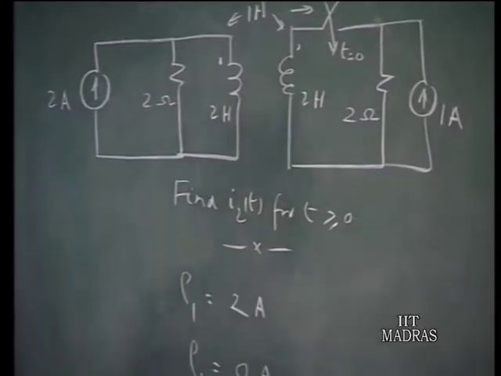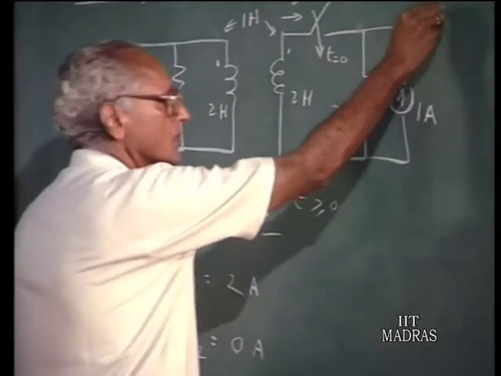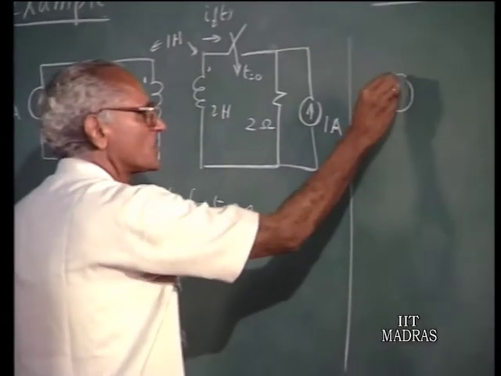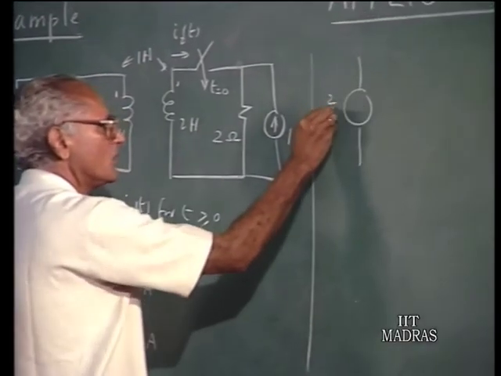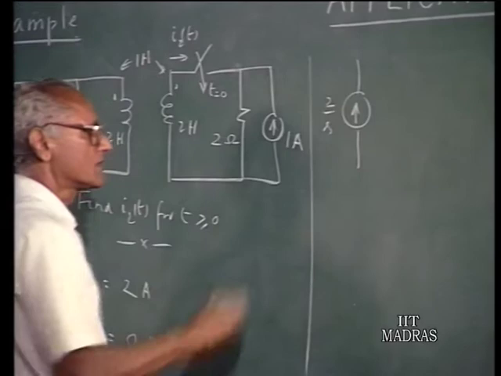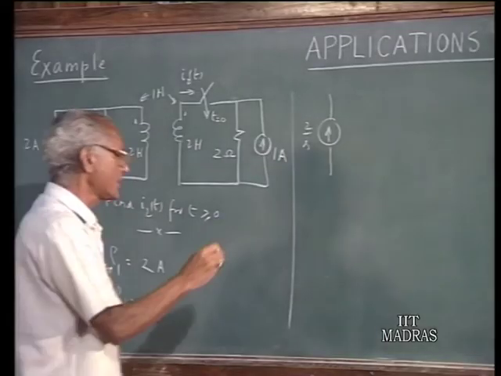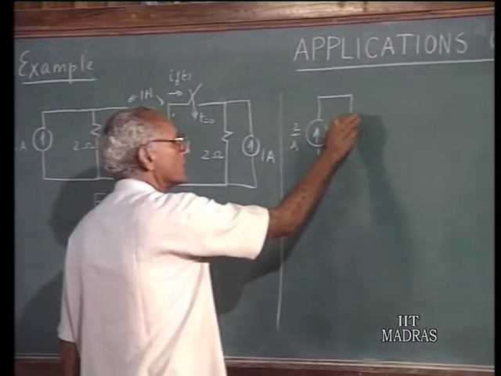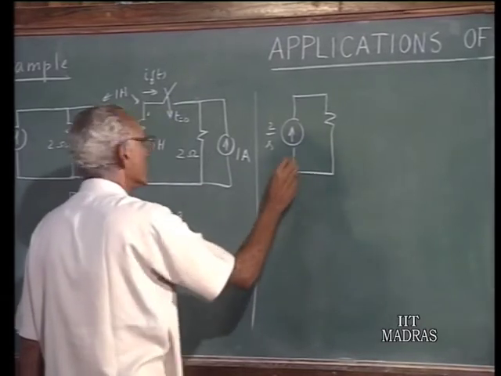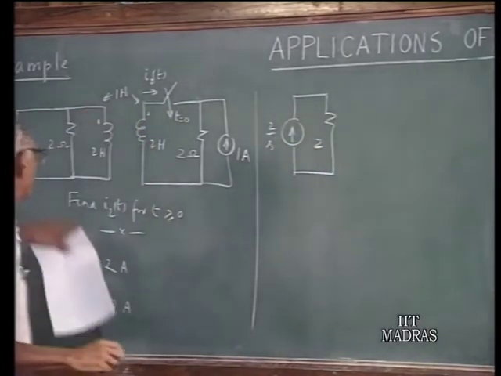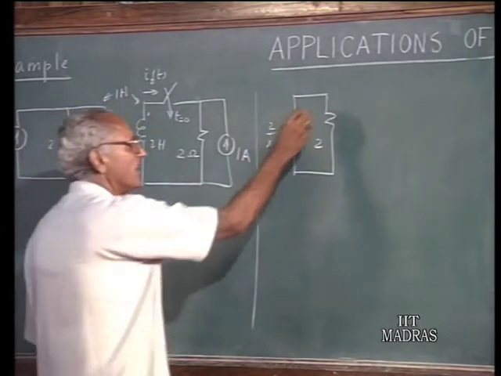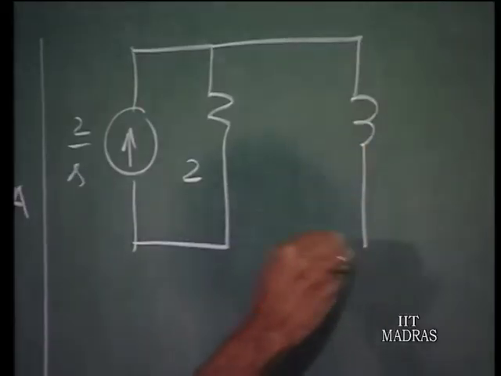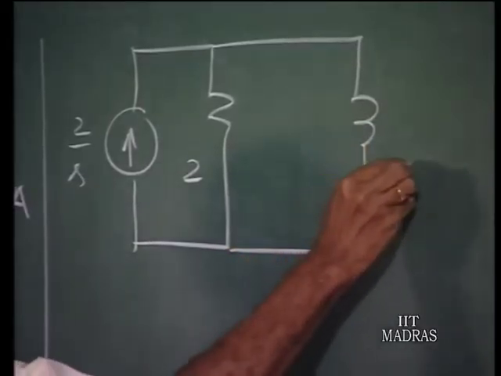So, if you set up the transform diagram for this, corresponding to the 2 amperes DC source, you have 2 by S, that is the current source in the transform domain, and you have 2, the generalized impedance of this resistor, and self inductance 2S.